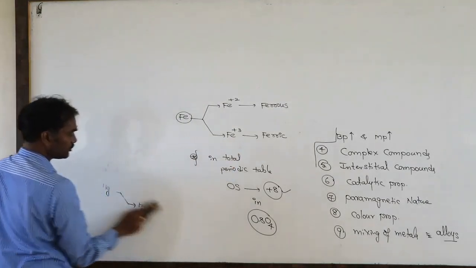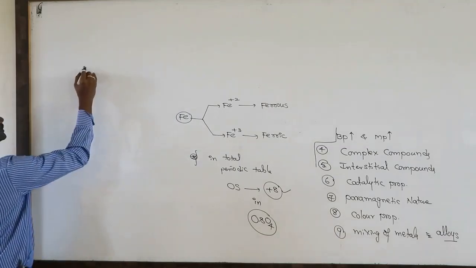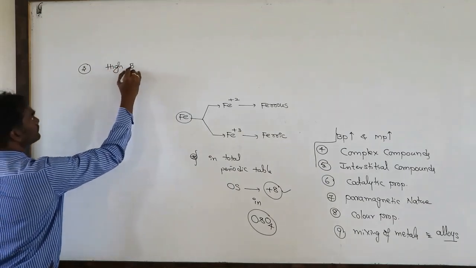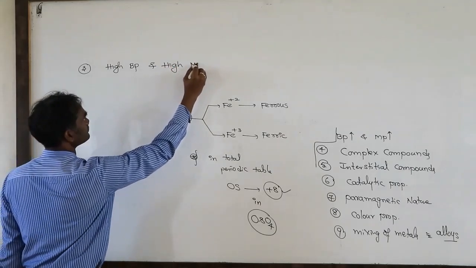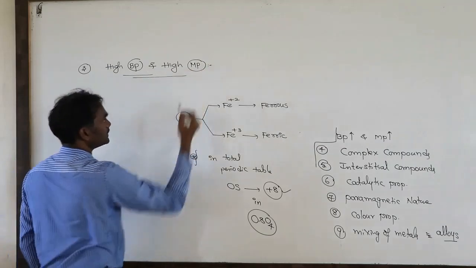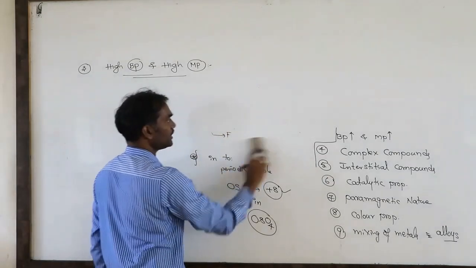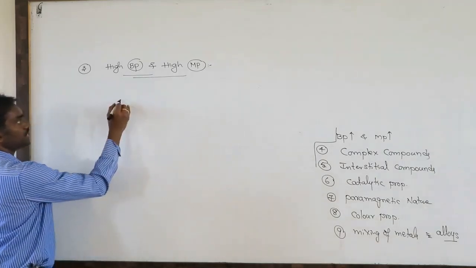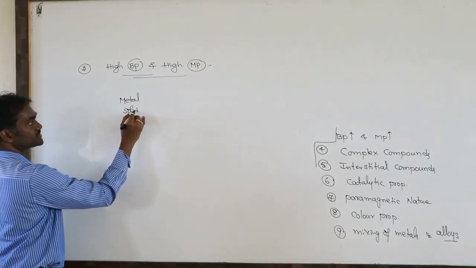Now the third concept: high boiling point and high melting point. What is the meaning of melting point and boiling point? If you take a metal, it is in the form of a solid.